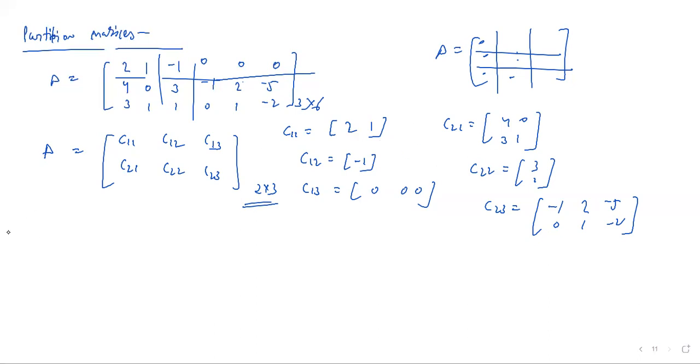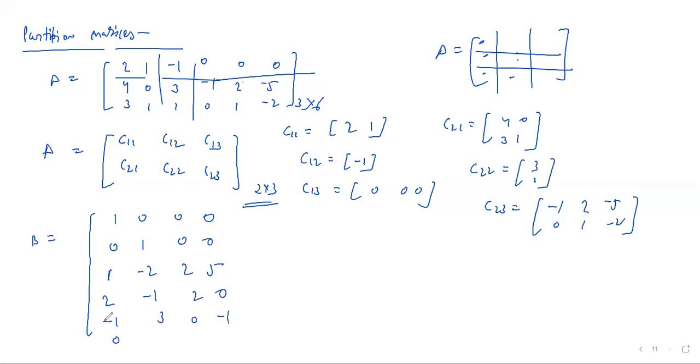Similarly, let's say I have another matrix B, which is 1 0 0 0 0 1 0 0 1 minus 2 2 5 2 minus 1 2 0 minus 1 3 0 minus 1 0 1 0 0.